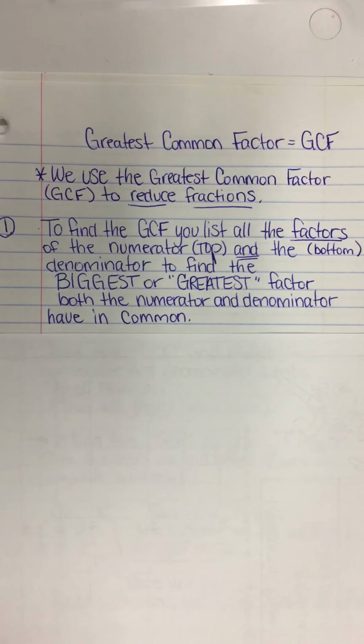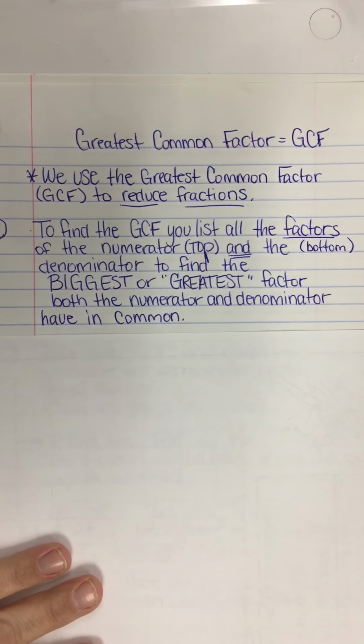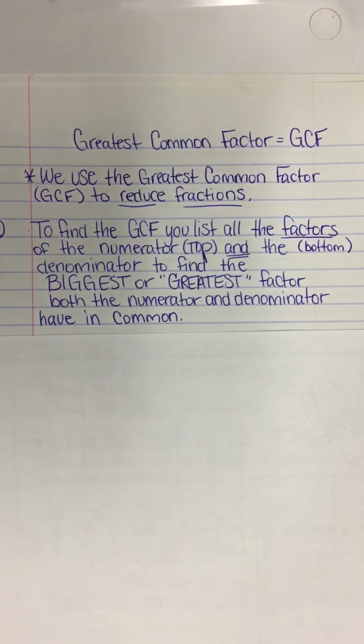To find the GCF, you list all the factors of the numerator, which is the top number, and the denominator, the bottom number, to find the biggest, or quote-unquote greatest, factor both the numerator and denominator have in common. So we're looking for the biggest number both numbers have in common. The greatest common factor.